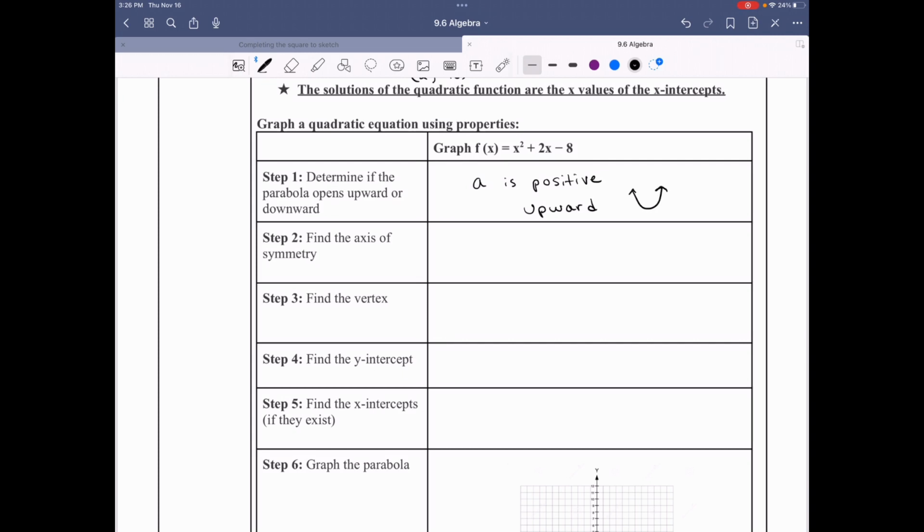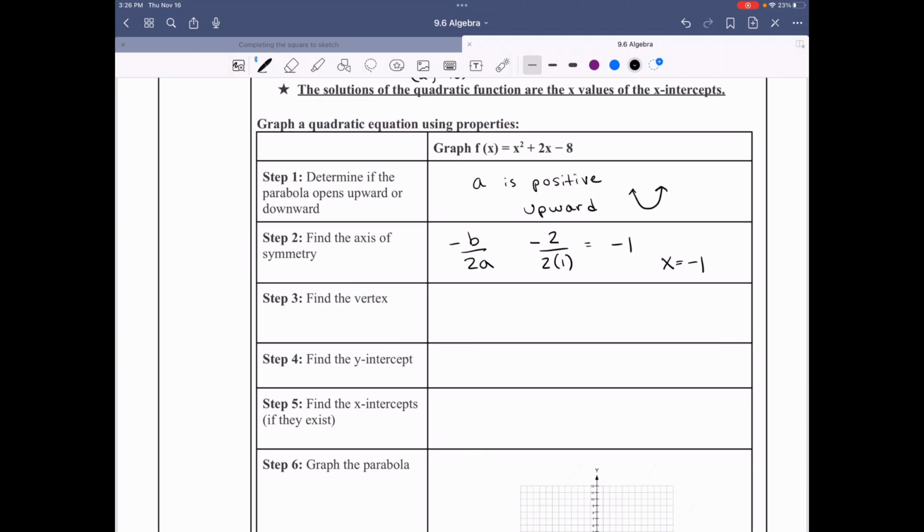The next thing we do is we find the axis of symmetry, so we look at negative b over 2a. In this case, b is 2 and a is 1, so this simplifies to negative 1. x equals negative 1, that's a vertical line.